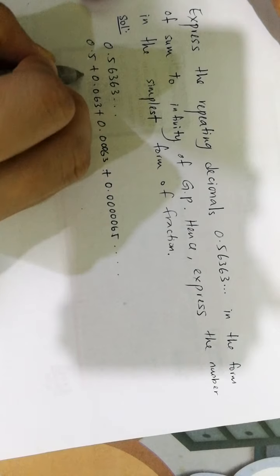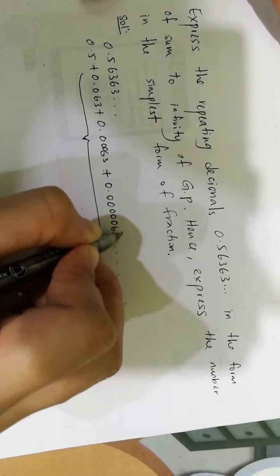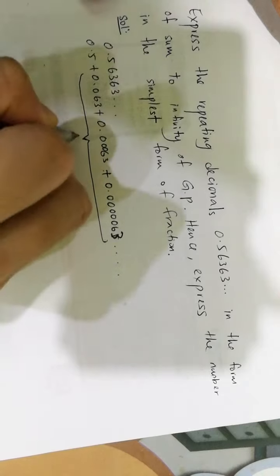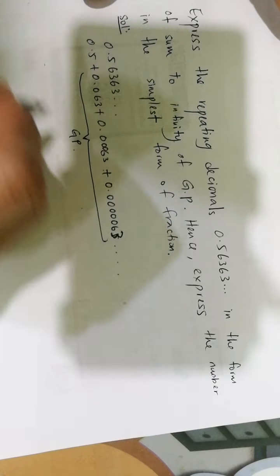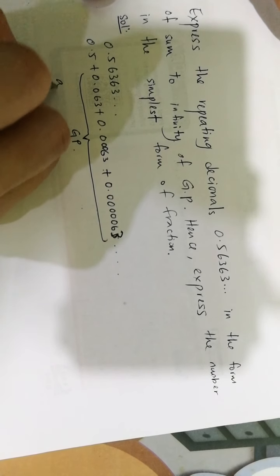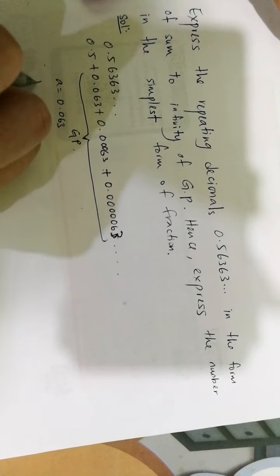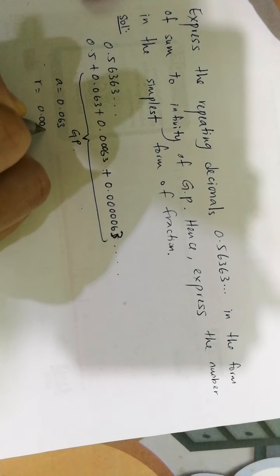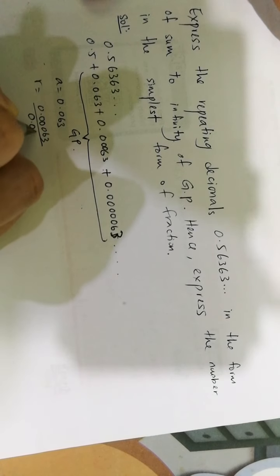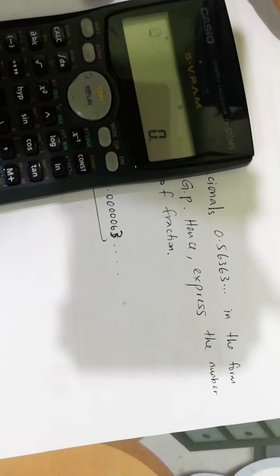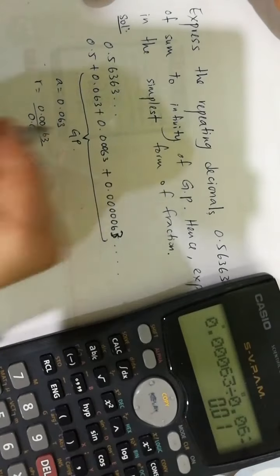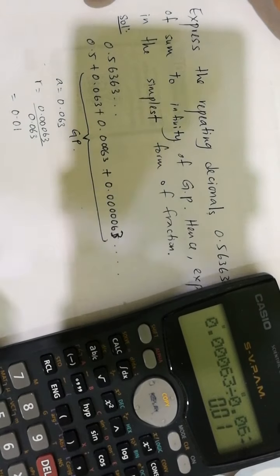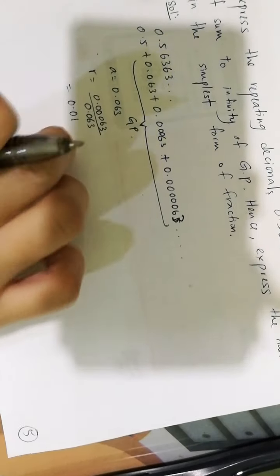You can see that here is actually a geometric progression. Where a is 0.063, r is 0.00063 divided by 0.063, which gives 0.01. This fulfils the condition where r is less than 1, so you can use sum to infinity.